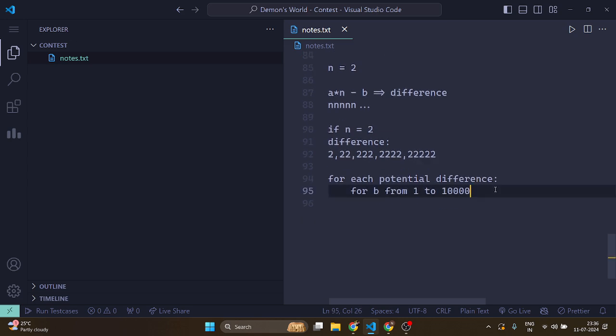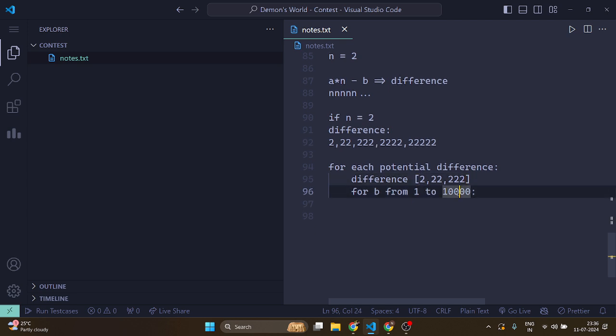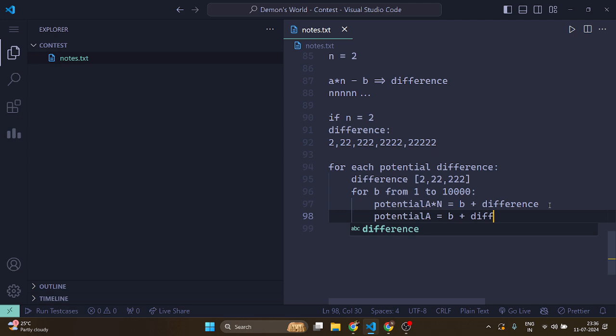I just did it this way. For every possible b, the difference would be 2, 22, these values. So potential a times n is equal to b plus difference. So potential a would be b plus difference upon n.